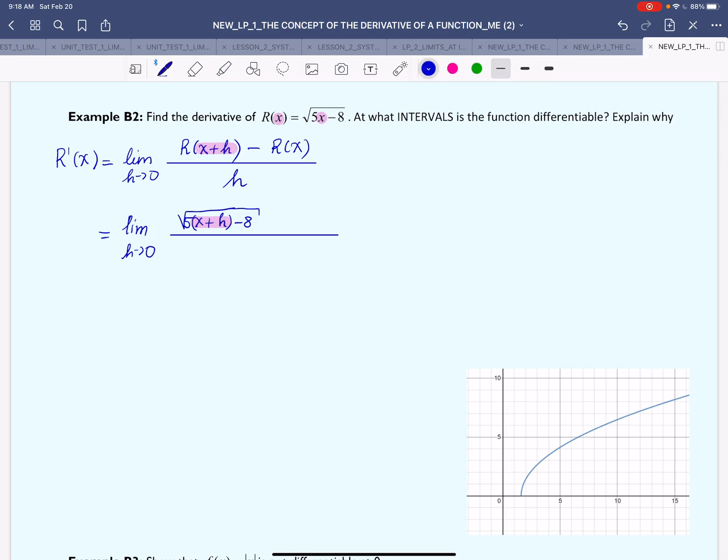Because we're finding r of x plus h minus the square root of 5x minus 8 divided by h. I will try to simplify the numerator as much as I can. Okay. So we have the square root of, let me try this. I'm going to draw the perfect square root there. Thanks, good notes. And then minus the square root of 5x minus 8.